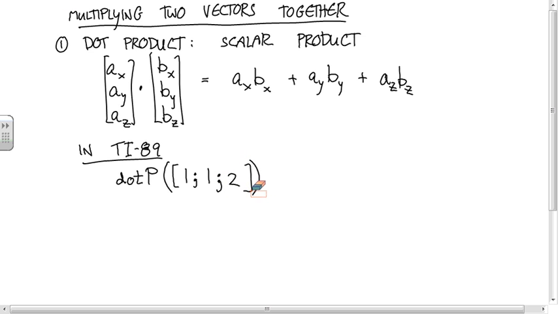For inputs, you have to provide two vectors separated by a comma. And so the second one, let's say 0, 0, 1. And that would spit out the answer 1 times 0 plus 1 times 0 plus 2 times 1. So you get an answer of 2.